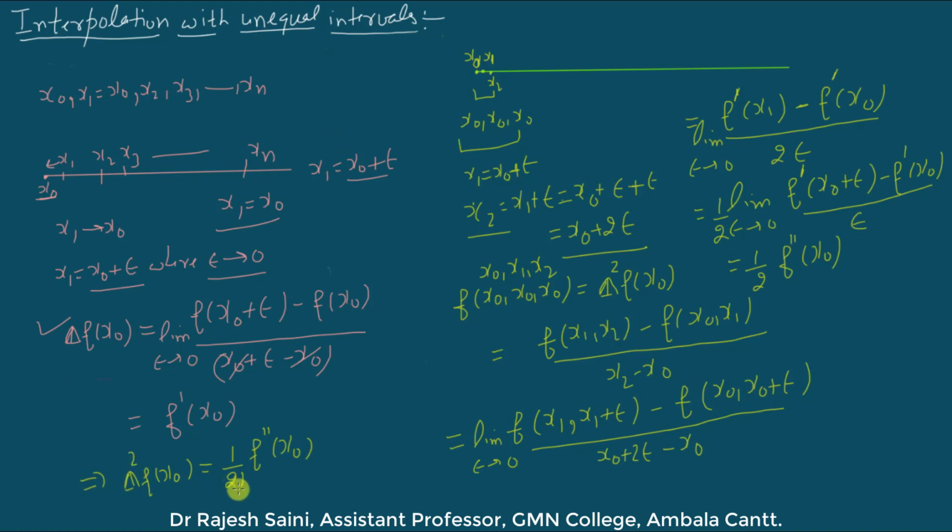Like here it is 2, here is 2 factorial, here is 2 times differentiation. So in the case of n, I'm going to write the nth order divided difference of f at x naught as equal to 1 by n factorial, f superscript n at x naught.